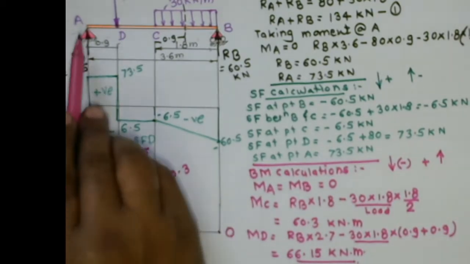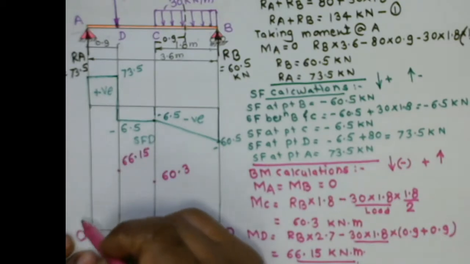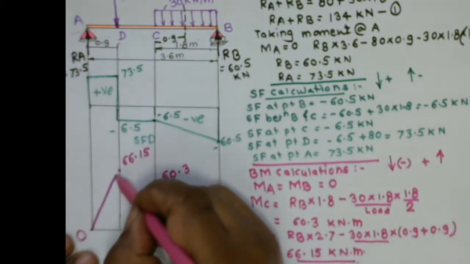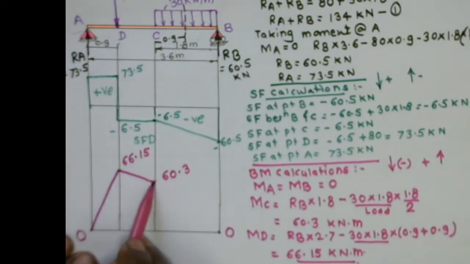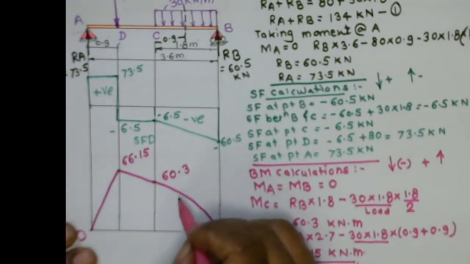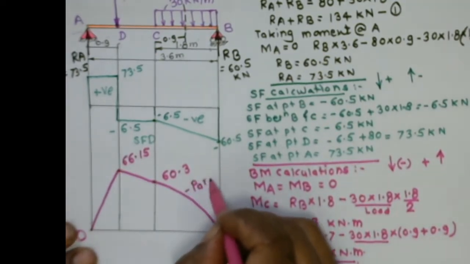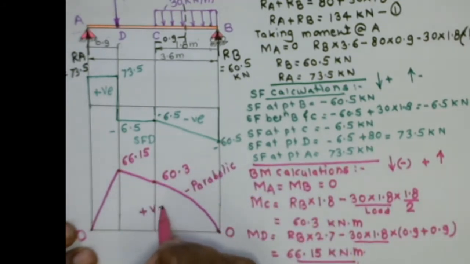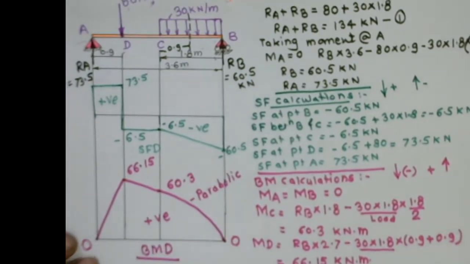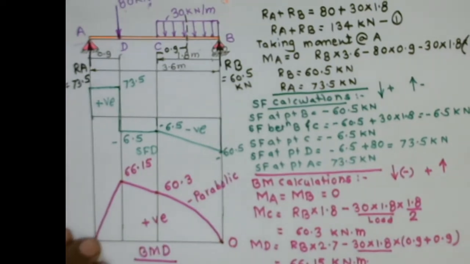Now between the points A and D there is no load, so we join by a straight line. For CD also no load, so we join them. From point C to B it is a parabolic curve, as UDL is acting. So this is the complete positive bending moment diagram.